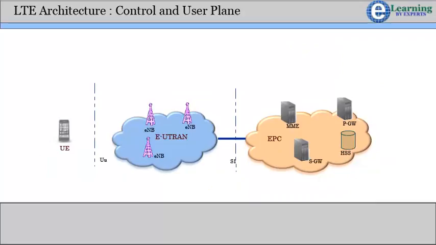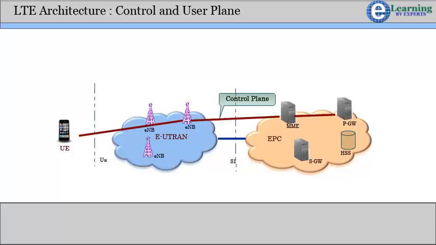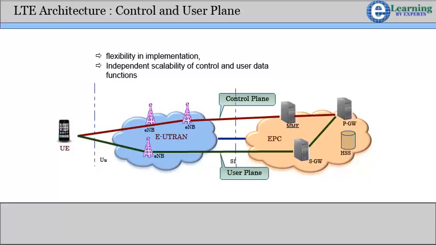The core network shares many traits with pre-4G network architectures. Something to be aware of is the separation of control plane, signaling, and user plane, traffic, in the core network architecture. This separation allows more flexibility in implementation and independent scalability of the control and user data functions.